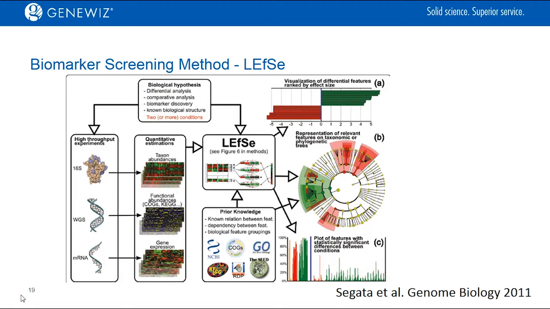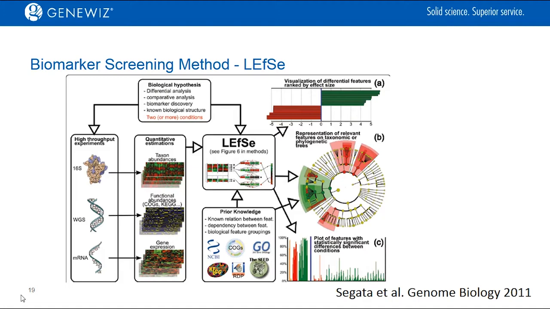LEFSE can determine the features like genes, species, functions, or biological pathways most likely to explain the differences between classes or conditions by coupling standard statistical significance tests with additional tests for biological consistency and relevance, as well as incorporating existing biological knowledge.